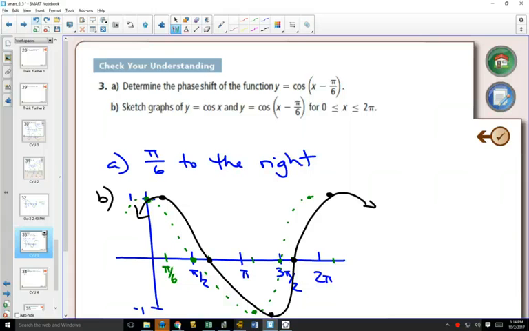Perfect. Right, that's a good point. It does say that our domain should be only between 0 and 2 pi. So technically, they wanted us to stop here when it's still going up, because it would technically go to that point and stop there.